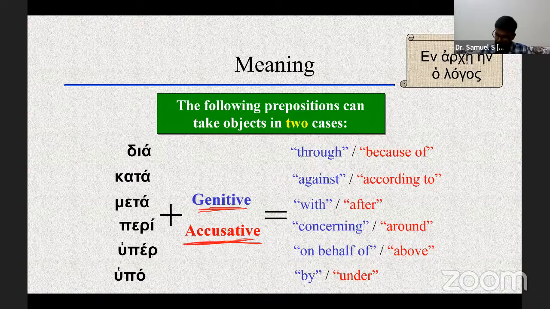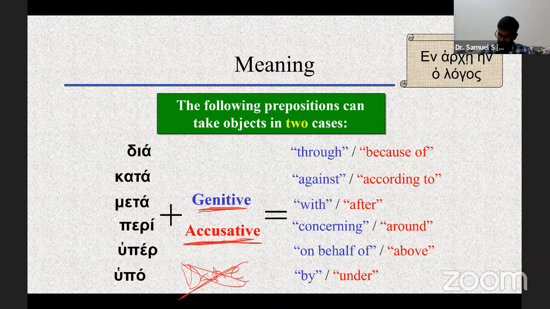So you notice that prepositions that take objects in two cases don't take the dative, right? Previously, the prepositions that take the dative are en and soon, right?